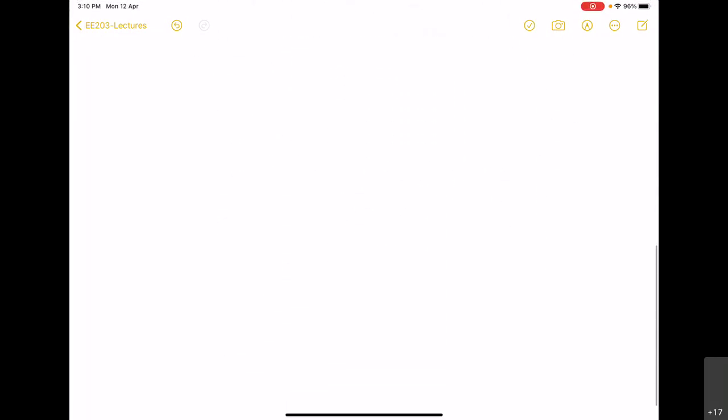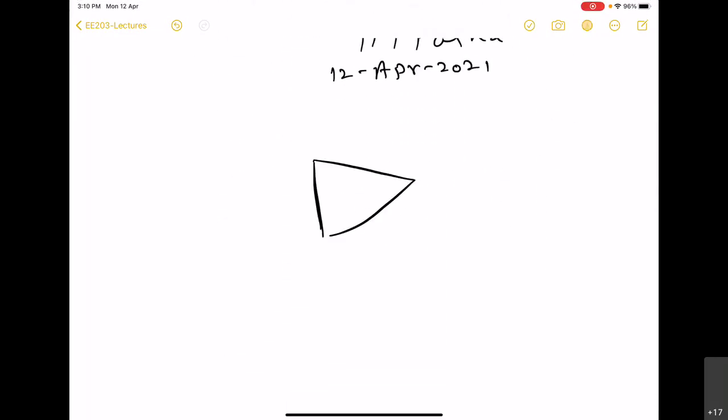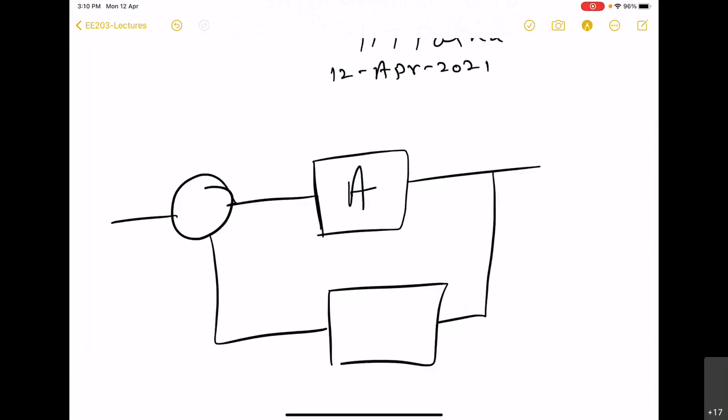So we have already seen this feedback loop. This transfer function we have been designating by A, and this transfer function by beta. This was the output, this was the external input, and here we have feedback to the amplifier along with the input, and this is the difference signal or the error signal.